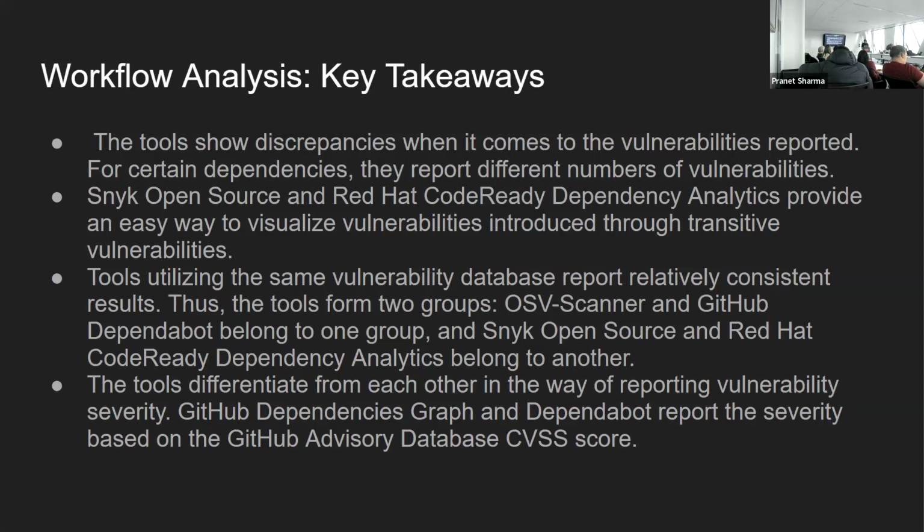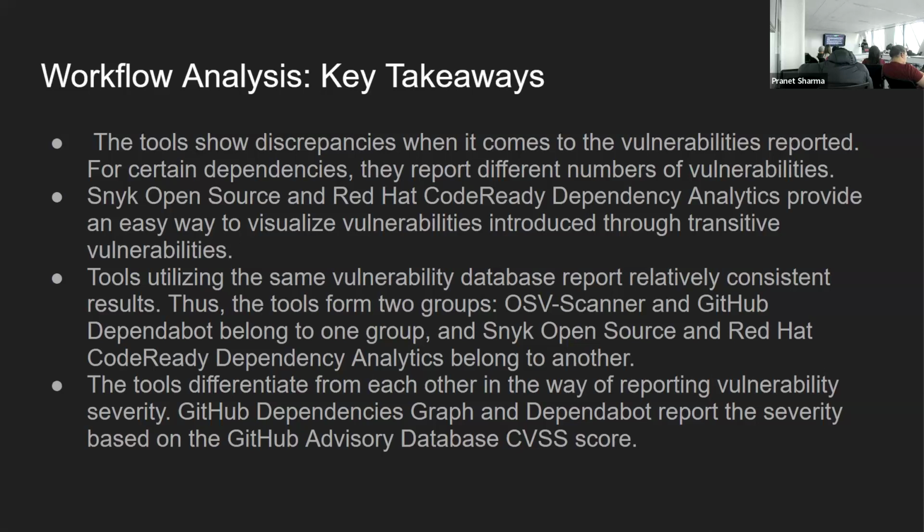Secondly, Snyk Open Source and Red Hat CodeReady Dependency Analytics provided an easy way to visualize vulnerabilities through transitive vulnerabilities. They provided a way for you to view exactly what transitive dependency introduced a vulnerability into a particular dependency, which GitHub Dependabot and Google OSV were not able to, which is a very important thing, which I will bring up when our feature works.